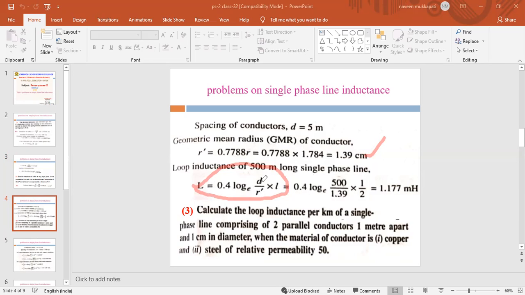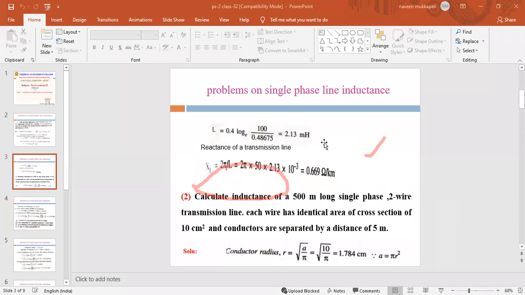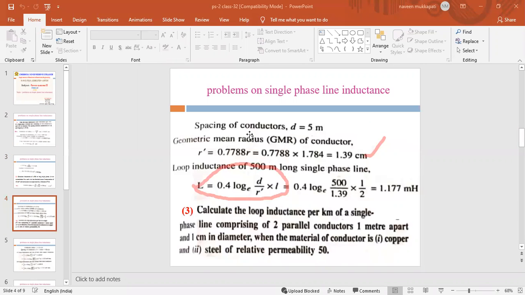What is the D? The conductors are separated by a distance of 5 meters.